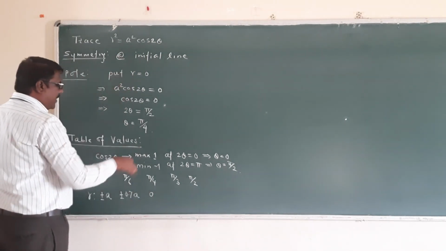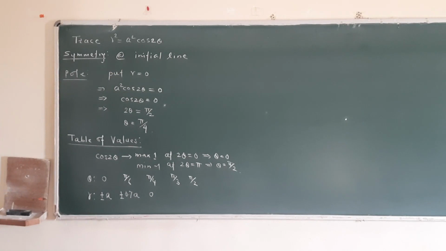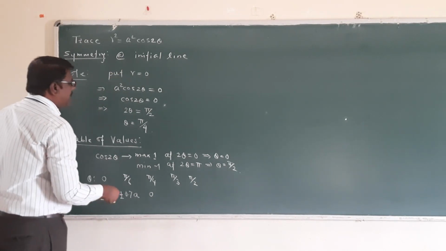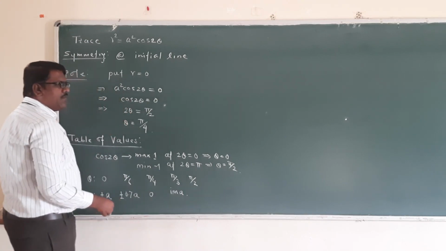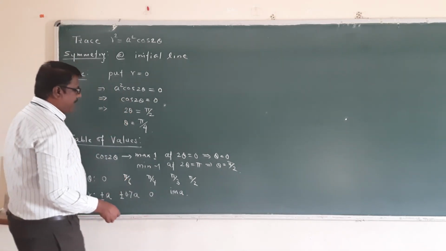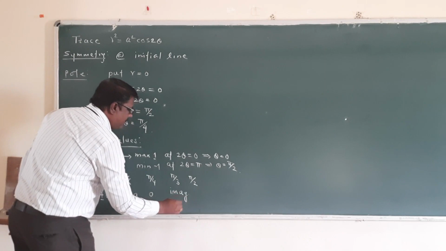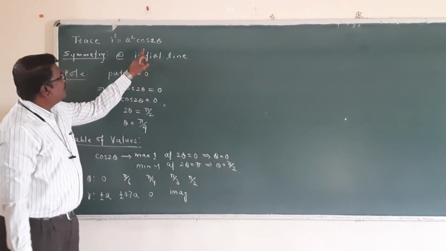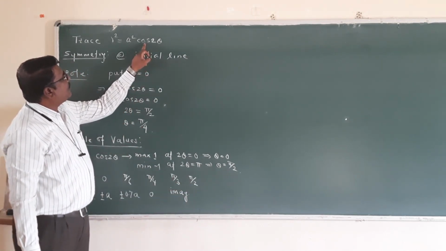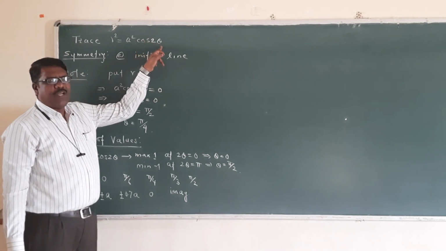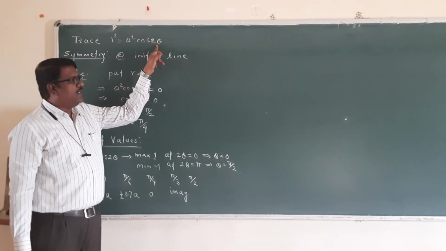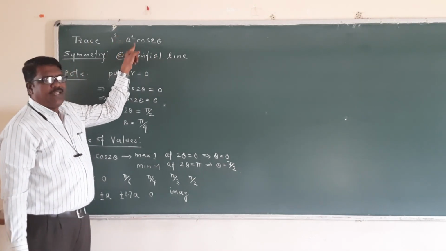When theta is pi by 3, the value of r is imaginary, so when we calculate it on a calculator we will get an imaginary value. Similarly, when theta is pi by 2, it comes out to be cos 2 pi by 2, that is cos pi, and cos pi is minus 1, so r square is equal to minus a square.